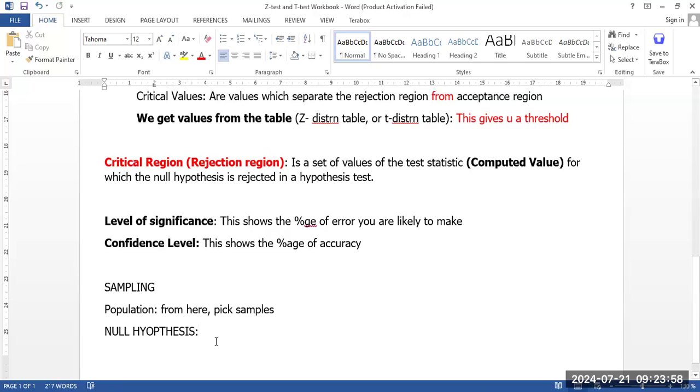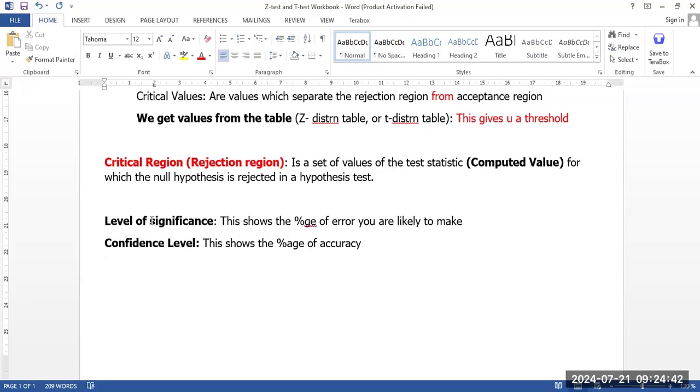We always assume that what you state is correct. But along the way, you can make error or you can be correct. So look at level of significance as the percentage of error, and look at confidence level as the percentage of accuracy, from those two angles, from the sampling or from what you state. Okay? And you realize that because of these two things, you cannot be 100% accurate.